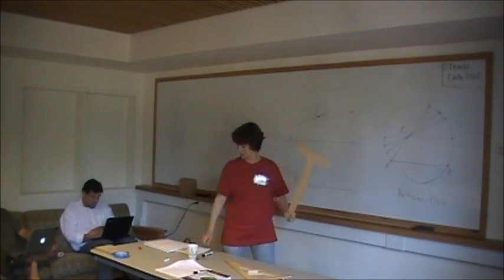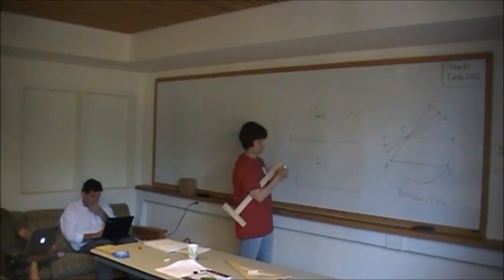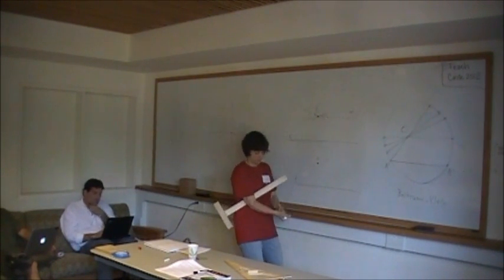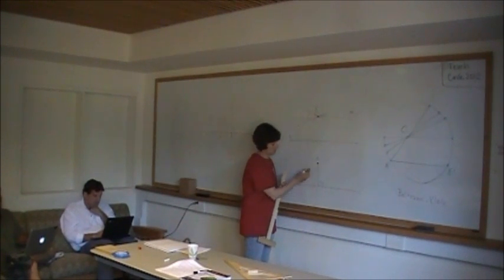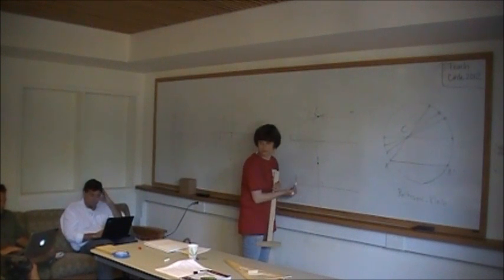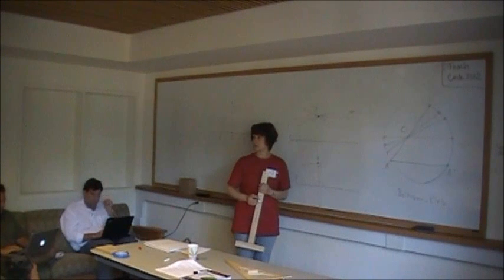Twice. 2T, right? So everyone knows this? Now we can drop a perpendicular to this line, which I'm going to call M, and we can erect the perpendicular at X. And I think we're done.